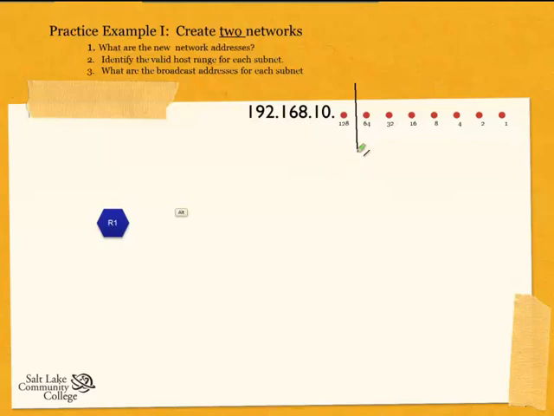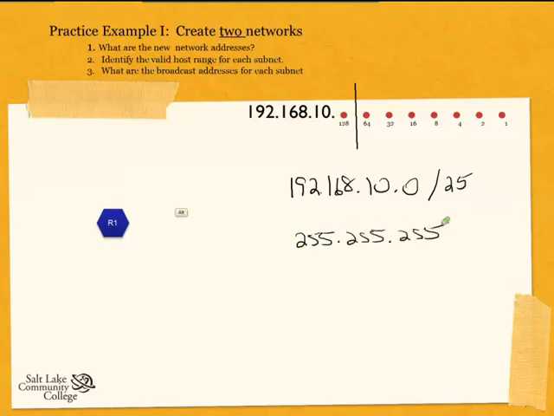So once again, let's take a look at that. I have the first network of 192.168.10.0 with a 255.255.255.128 mask, or another way of describing that, remember, would be a /25, because 255.255.255 is 24.